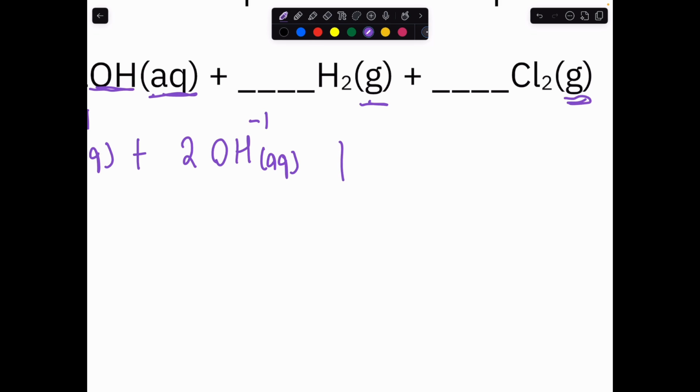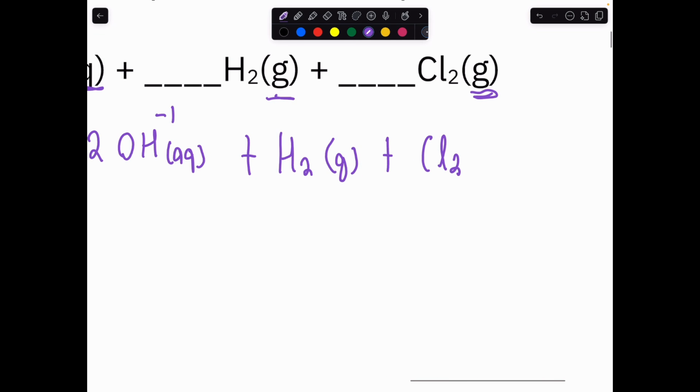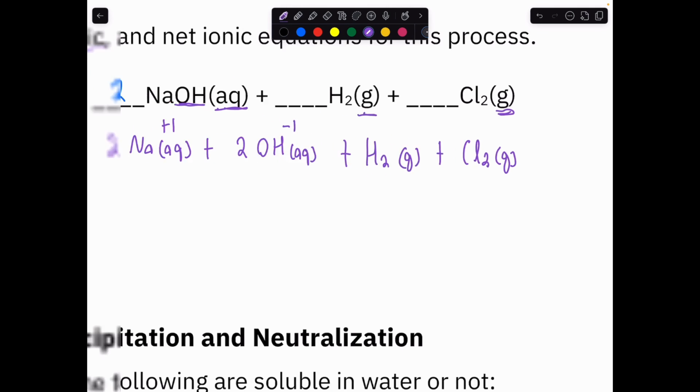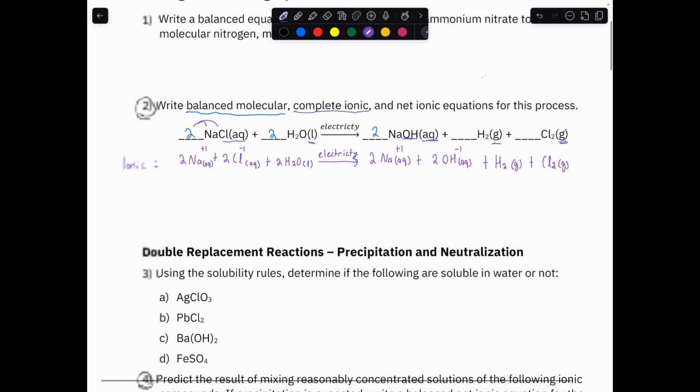We also have H2 in a gaseous form and Cl2 in a gaseous form. I'm sorry, I don't know why I made that G or this so big. But as of right now, we have a complete ionic equation.